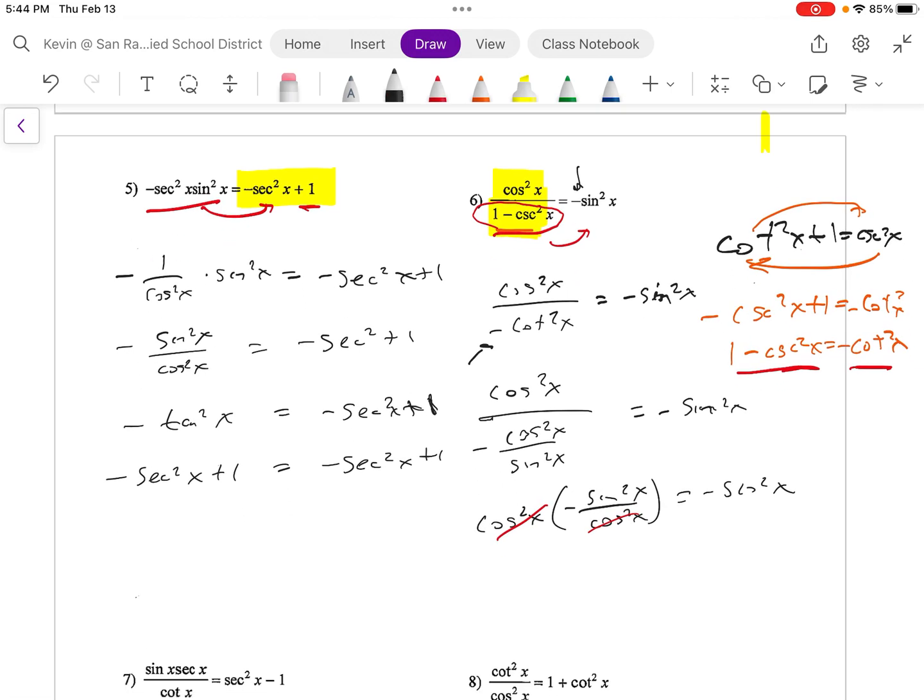These cancel out, and it leaves me with negative sine squared x equals negative sine squared x. Okay.